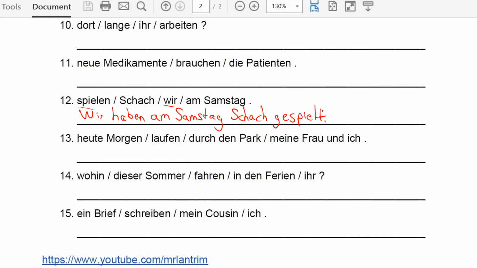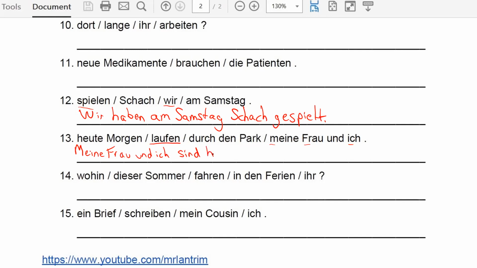In the next one, we have another intransitive verb, meaning to walk, laufen, and we have our subject of my wife and I. Together we make the wir form or the we form. So when we use this, we need to use the wir conjugation of the verb sein. So meine Frau und ich sind, and then our time and then our place.